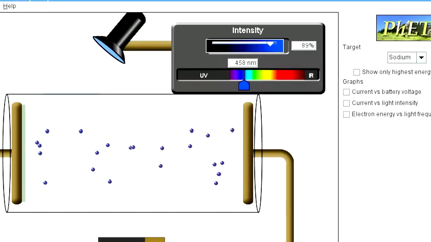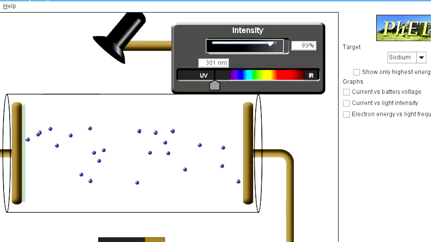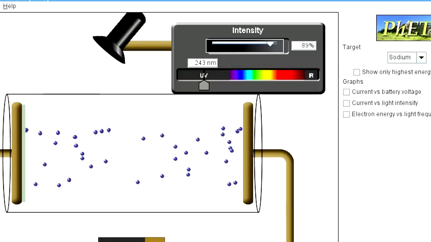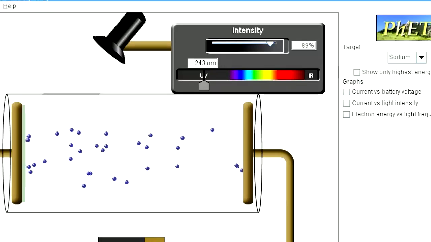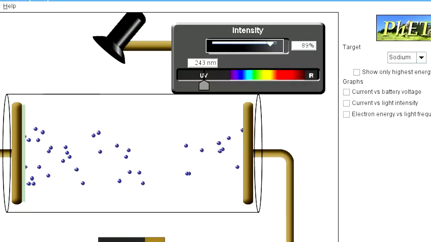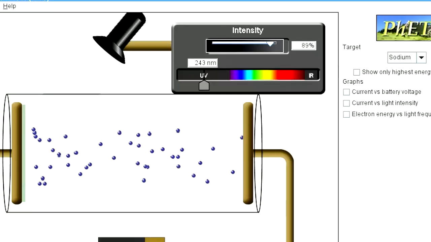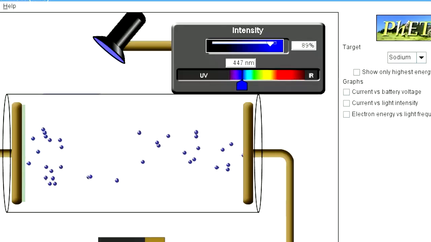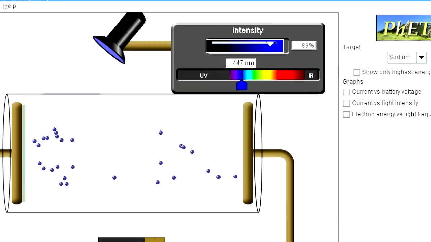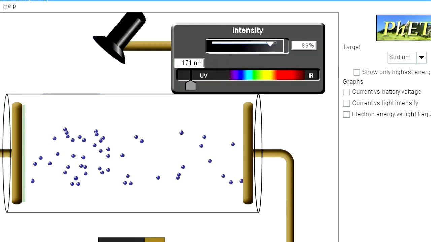But let's think, what if we deliver higher energy photons? So 400, 300, 200. Are electrons still being ejected? Yes. And is anything changing about the electrons that are being ejected once I slowly increase the energy? Here are lower energy photons, and here are really high energy photons.